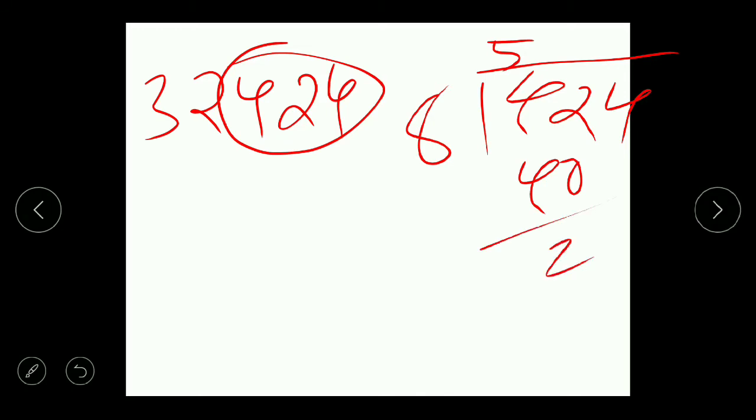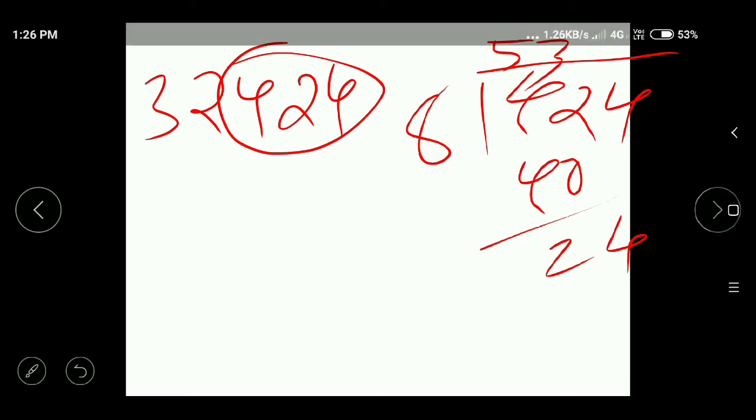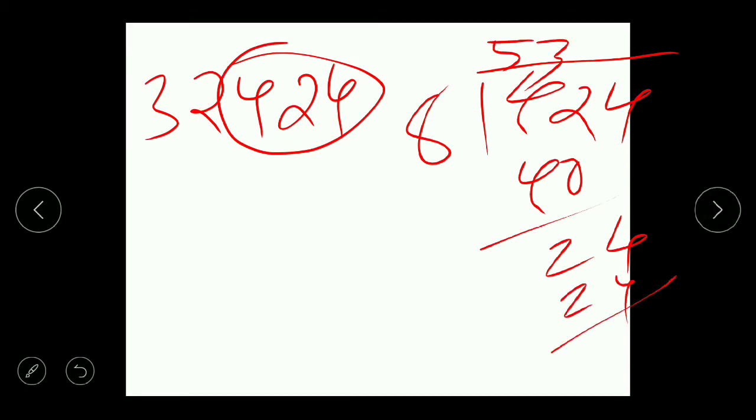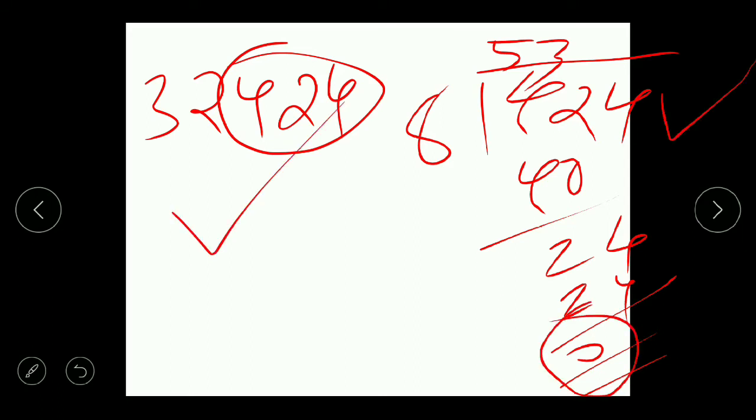Remainder 2. Okay, then in 24, how many times? 3 times. 3 into 8 equal to 24. Remainder 0. Therefore 424 is divisible by 8 because the remainder is 0. Therefore this number is also divisible by 8.